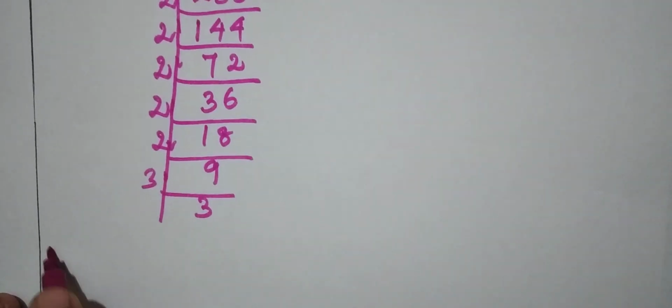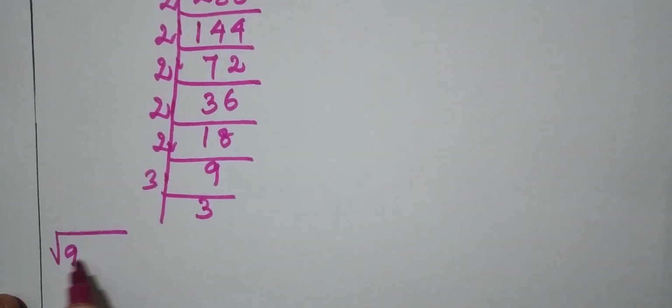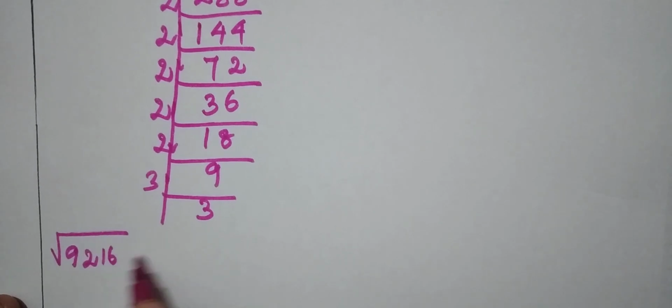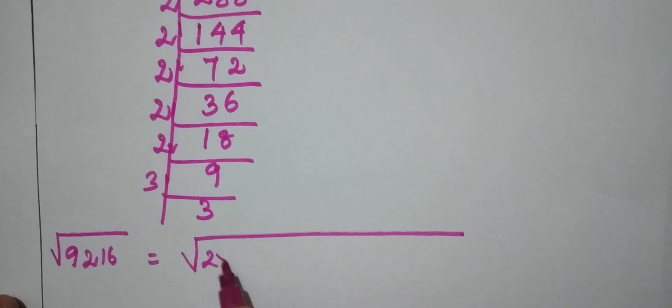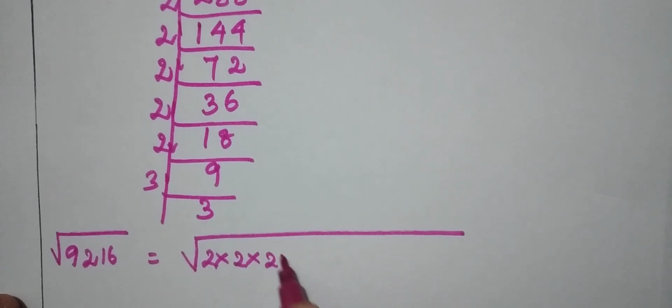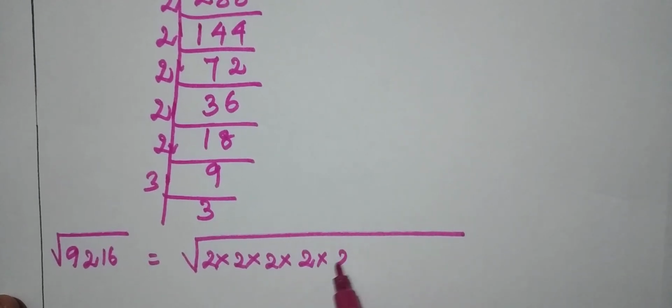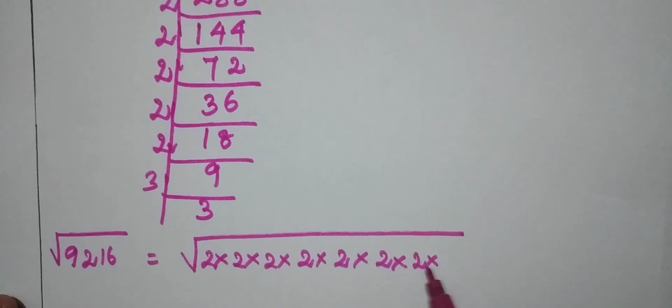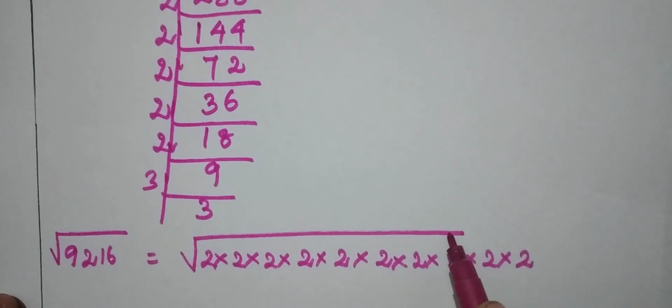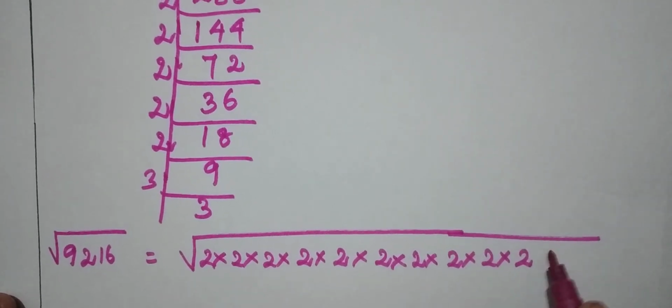So we can write the number as 9216 is equal to 10 times of 2, and now 2 times of 3.